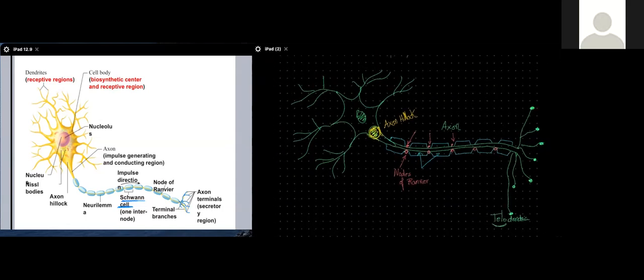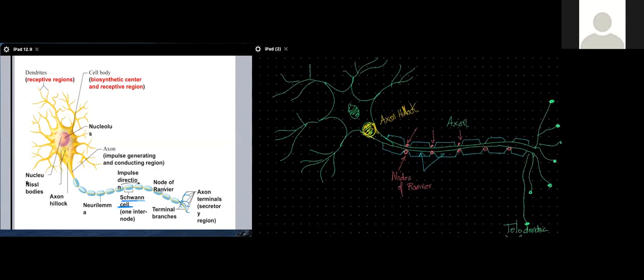So again, what we're looking at in here is the structure of the nerve cell, or the neuron. The neuron will have a cell body. Coming out from the cell body, we've got those short tapering processes.